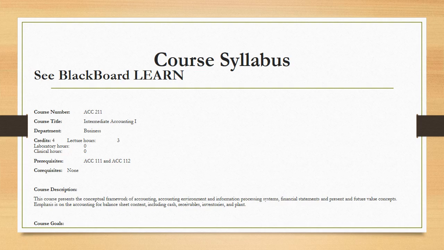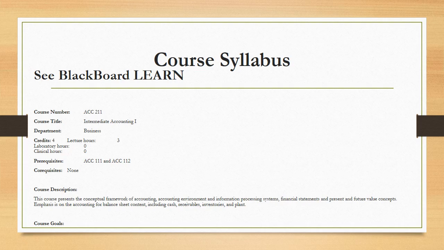The course description is what we were just talking about. It presents the conceptual framework of accounting, the accounting environment and information processing systems, financial statements, present and future value concepts, and emphasizing the balance sheet contents including cash, receivables, inventory, and plant assets, including intangibles.